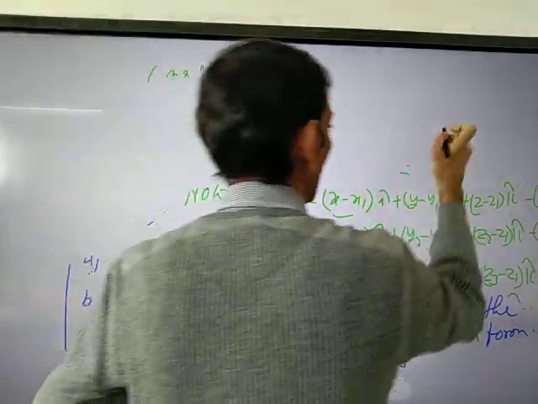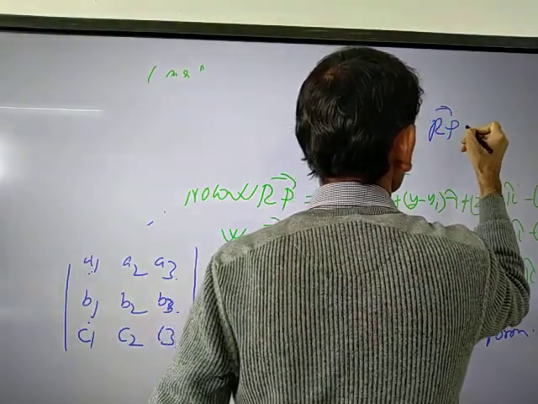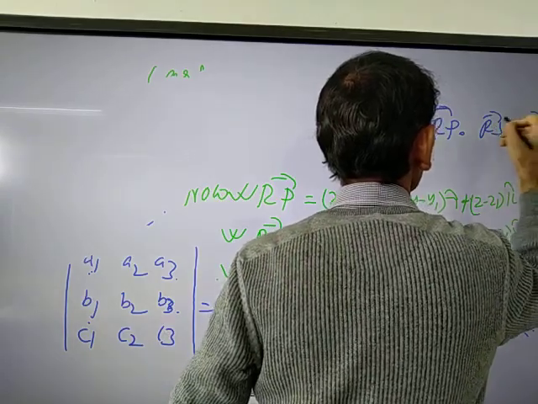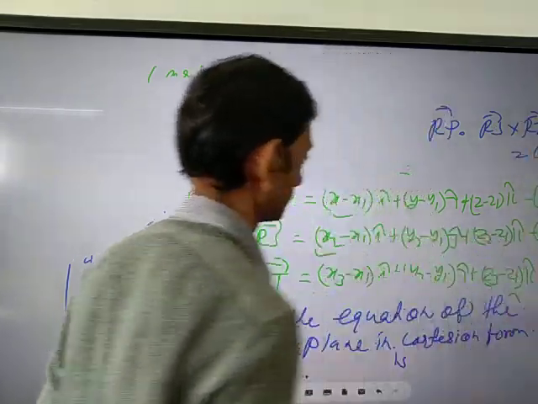Just note down the scalar triple product of RP, RS, RT equal to 0.